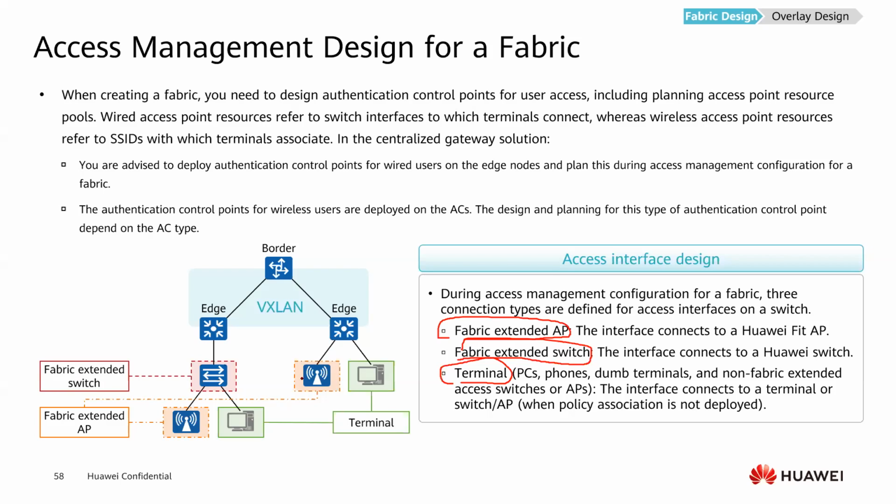If it connects with the AP, you need to change it to the fabric extended AP. And if it connects with terminals, you just change it to terminals. And then you need to tell the specific address what authentication you will use for the wired or for the wireless user.